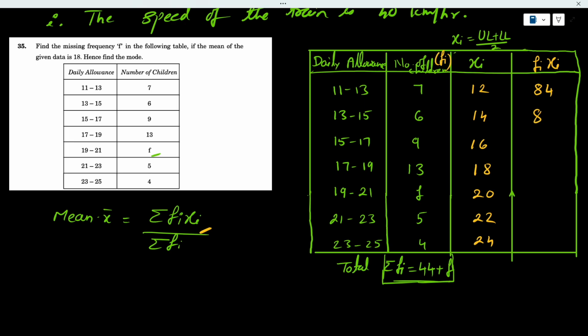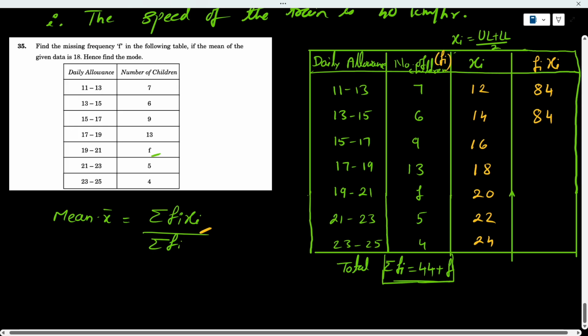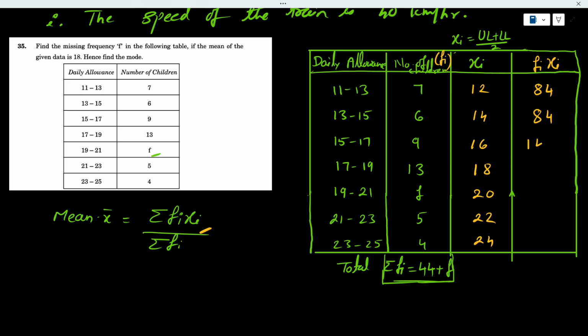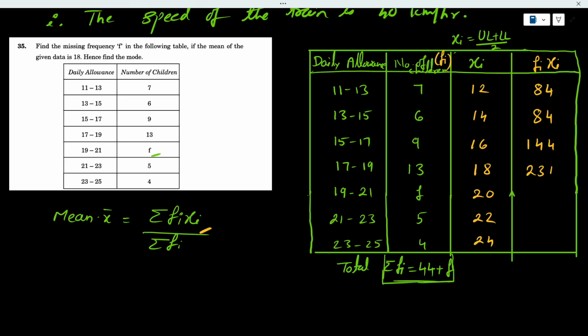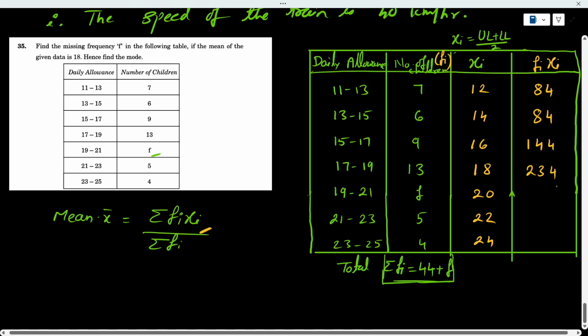This also will be 84, right? Then 16 nines are 144, so 144. Then 18 times 13 is 234, and then here 20 times f, it will be written as 20f.